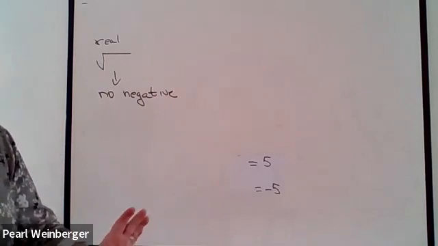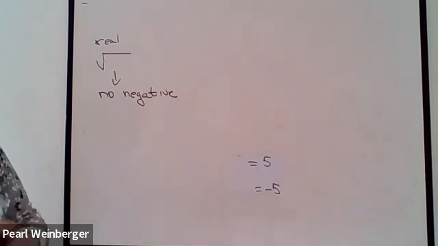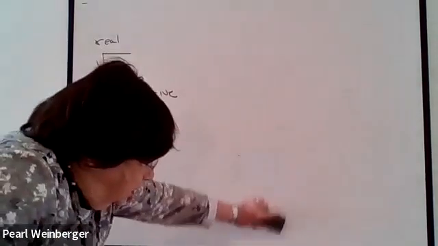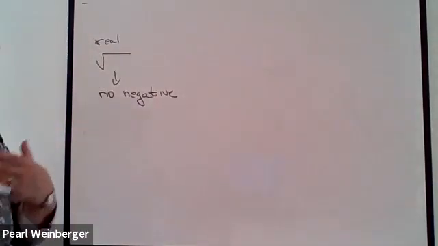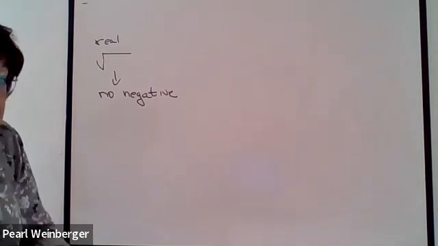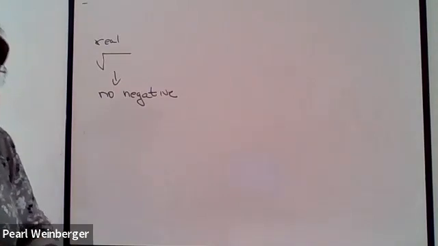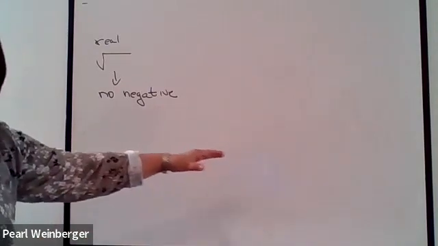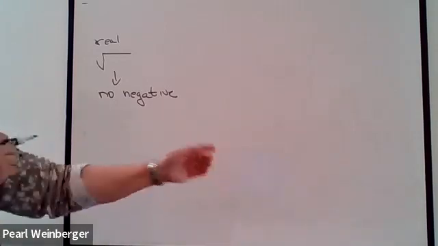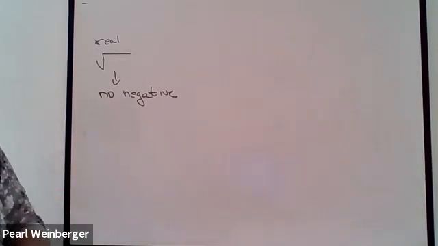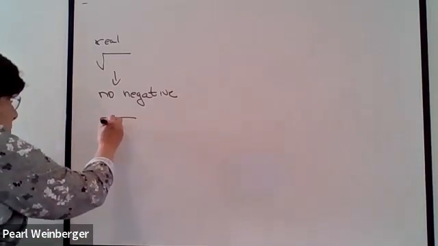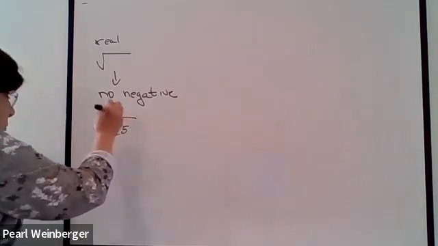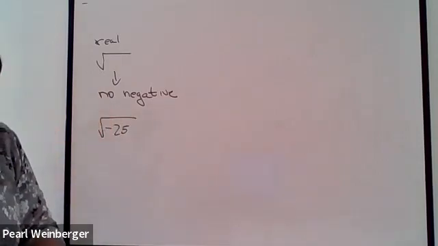There's a special number system that comes in a little bit later in this chapter, but for the normal numbers that we use on a regular basis, which is called the real number system, the numbers that we see on the graph, all those are real numbers. You cannot do something like the square root of negative 25. Well, let's think why.